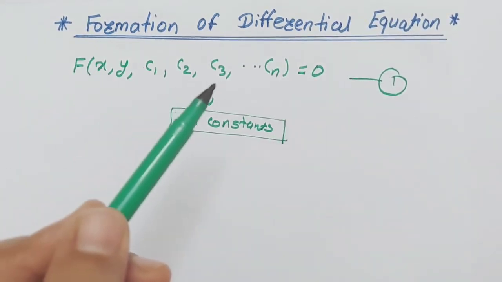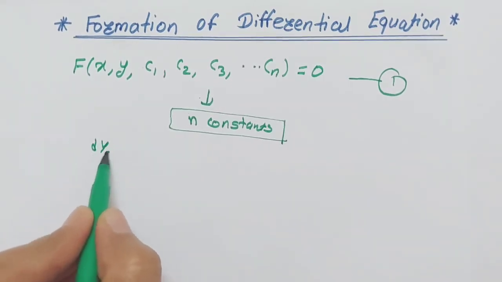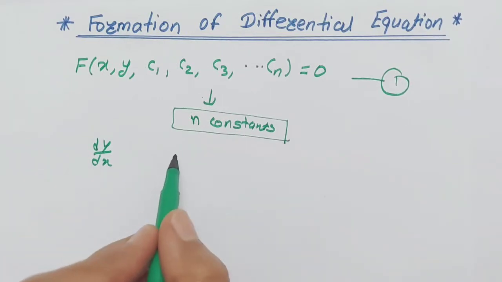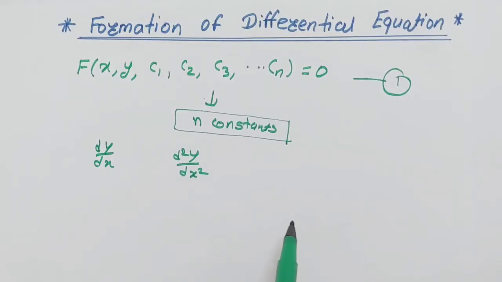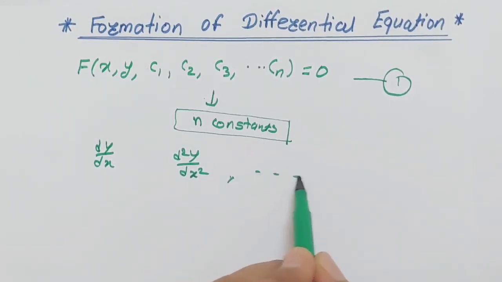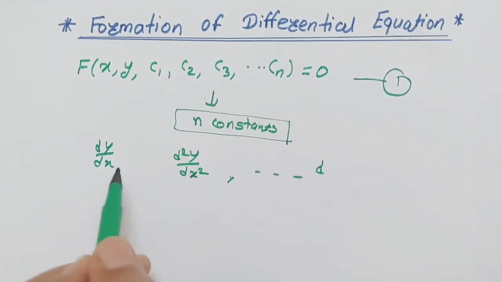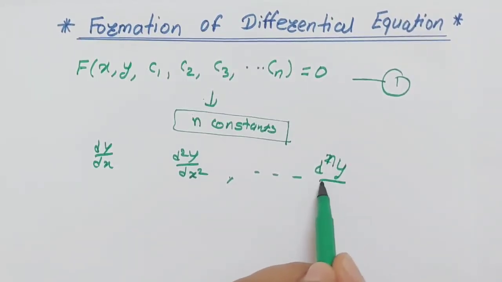If we differentiate equation 1, we get a new equation which contains the dy by dx term. Again we differentiate, and we get an equation which contains d square y by dx square, and up to the nth time we differentiate, we get an equation containing d raised to the power n y by dx raised to the power n.